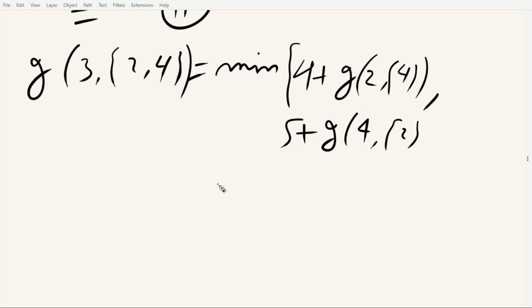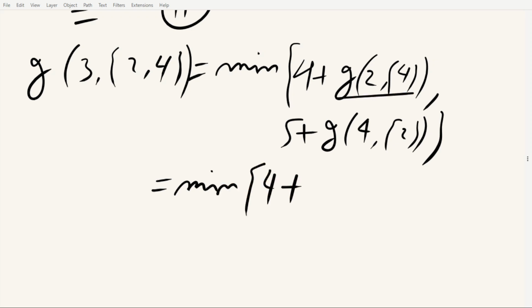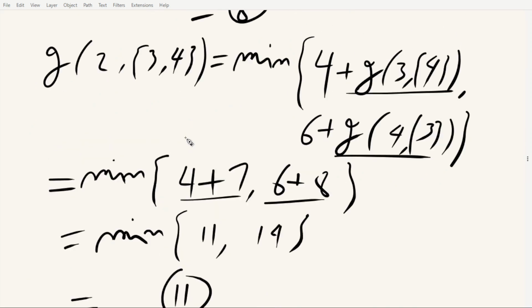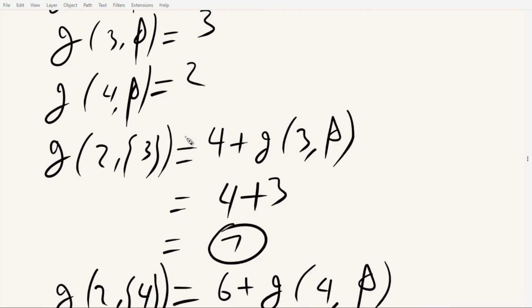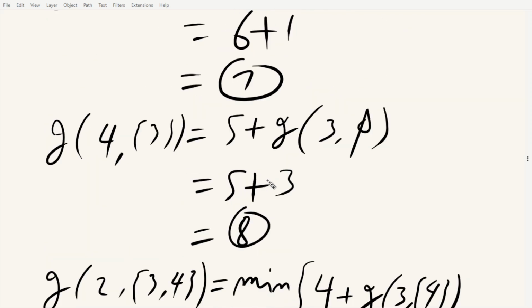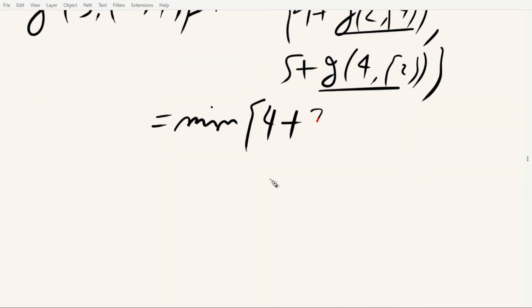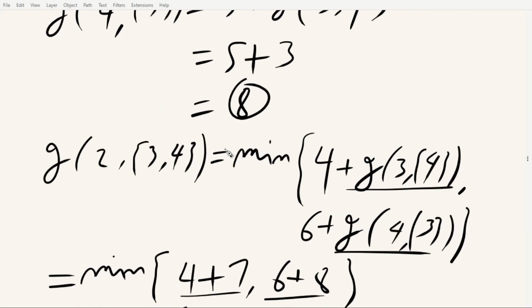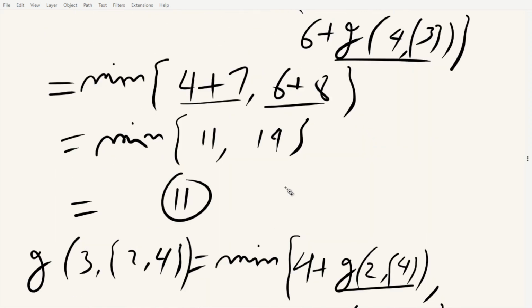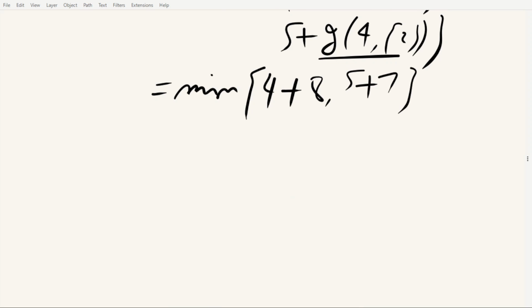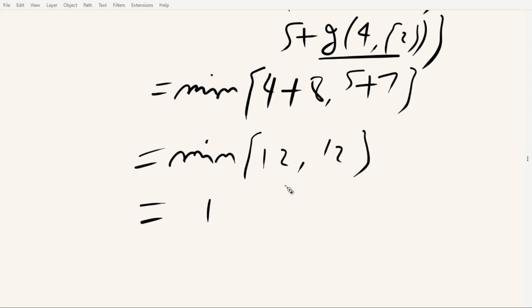Remaining element is 2. Just put the values of G2,{4} and G4,{2}. So G2,{4} value is 8 and G4,{2} value is 7. So we get the values 12 and 12. We get 12 as answer.